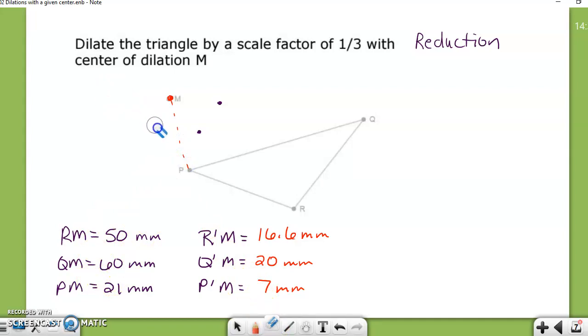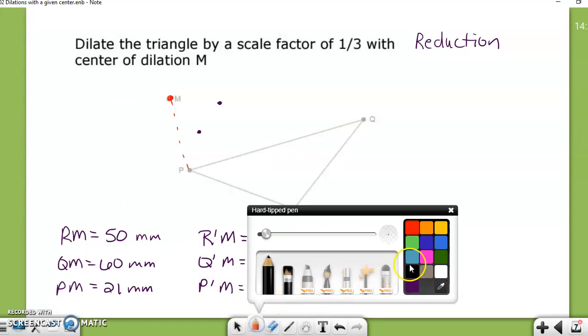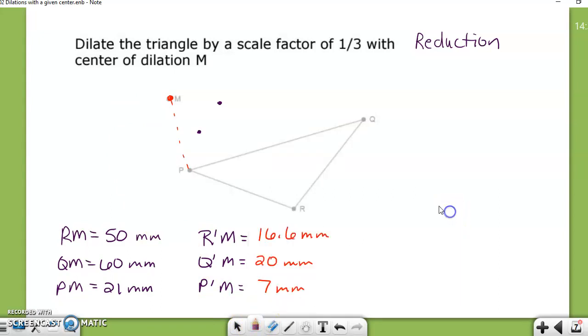Then I want to use my ruler and plot P prime, and it should be somewhere along here where it's only 7 millimeters. And so this is going to be P prime, this would be Q prime, R prime, using that ratio method of measuring. And again, think about the corresponding sides being parallel.